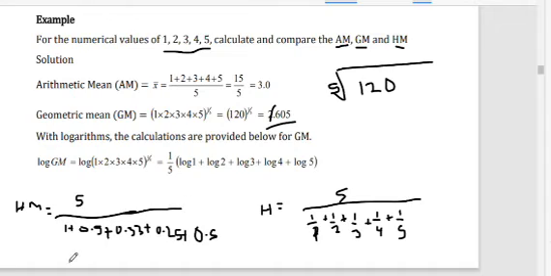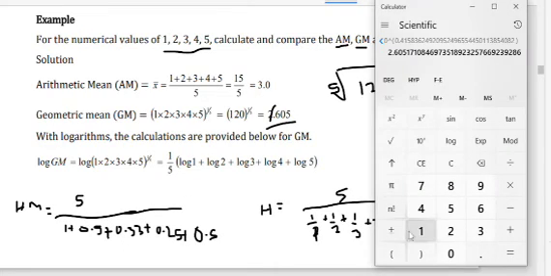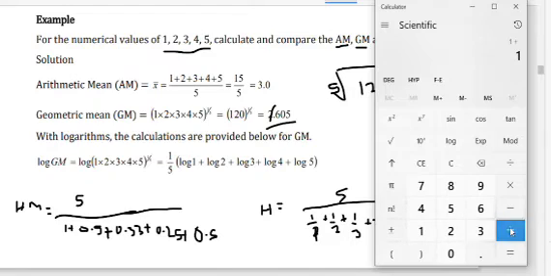So add all of this together. So I have 1 plus 0.5 plus 0.33 plus 0.25 plus 0.2.